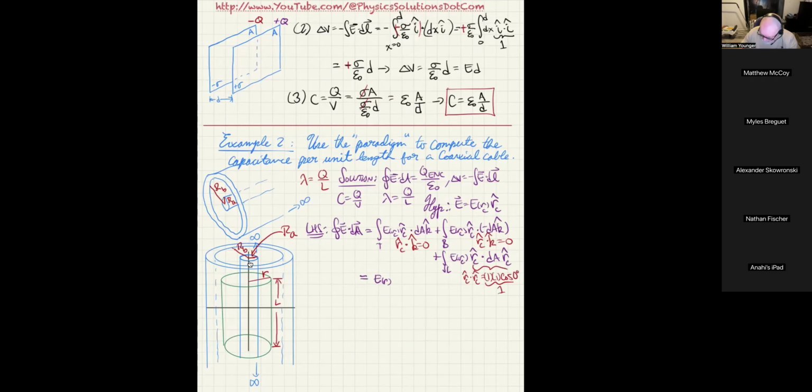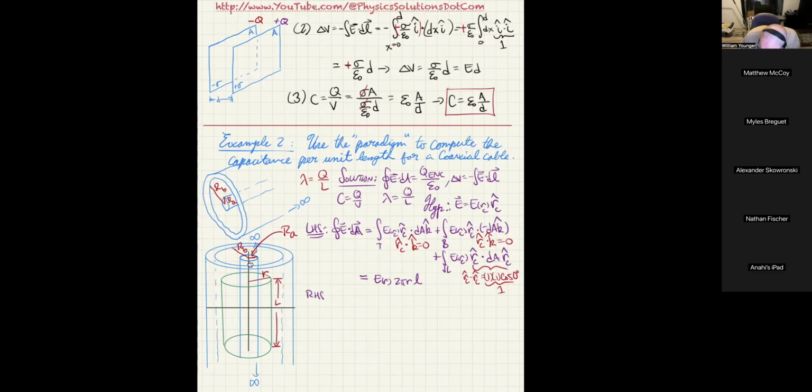And the integral of dA is the surface area specifically of the soup label. And we know that surface area is 2 pi r times L. So that's our left-hand side.